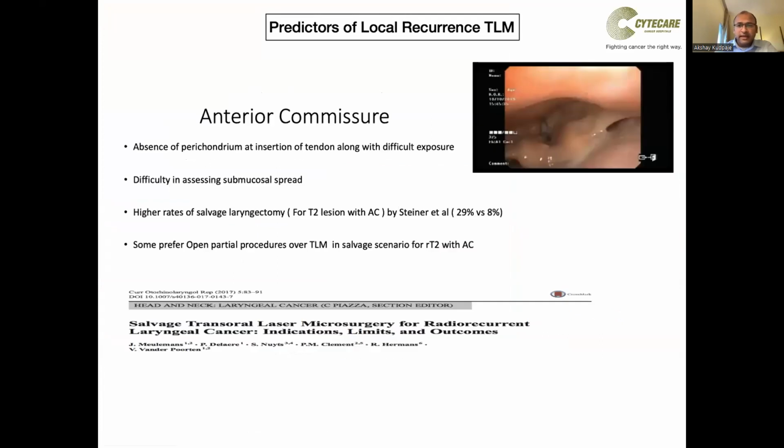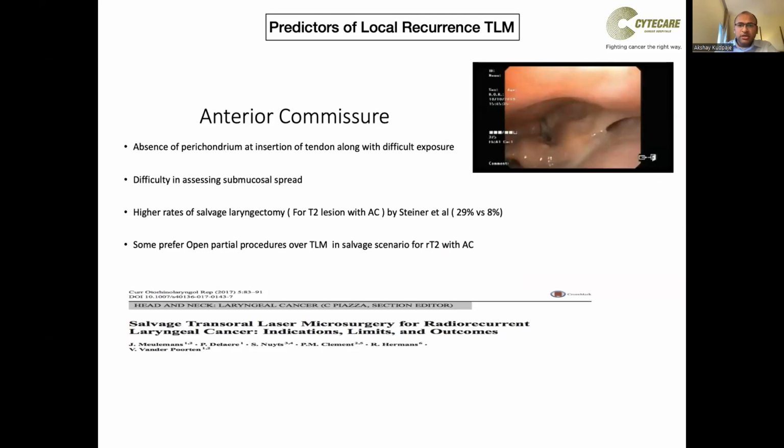In terms of site or the extent of the lesion, anterior commissure is one site which is very difficult to treat, whether with radiotherapy or with laser surgery, because of the anatomical site itself, as well as the inability to focus or fire the laser beam to get around the lesion.